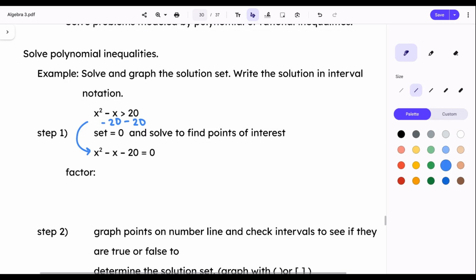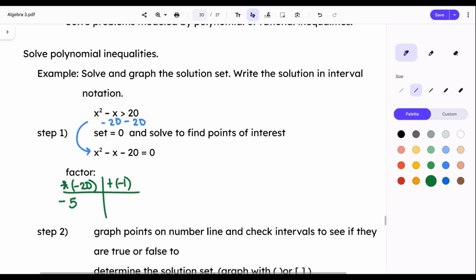I'm going to ignore the inequality for right now. I'm just going to focus on how I would solve this if it was just a regular equal sign. So I want to factor. When you're factoring this one, you're thinking of numbers that can multiply to negative 20 and add to negative 1. What two numbers can do that? Really watch your sign on this one.